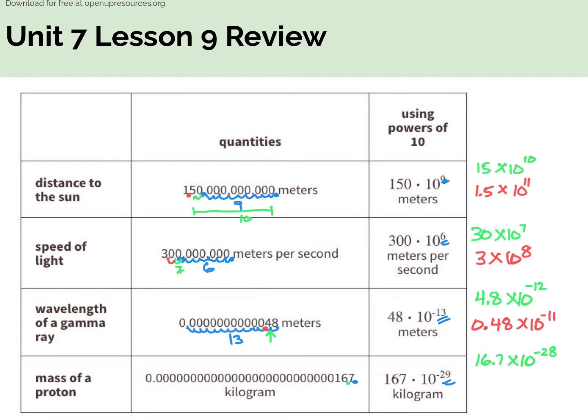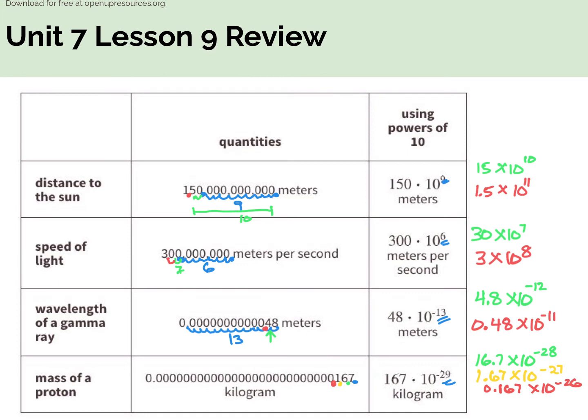And then we can also make it 1.67 times 10 to the negative 27, and that would go here, right? And then we can also make the decimal point in front and make it 0.167 times 10 to the negative 26. So notice how there are different ways we can do it.